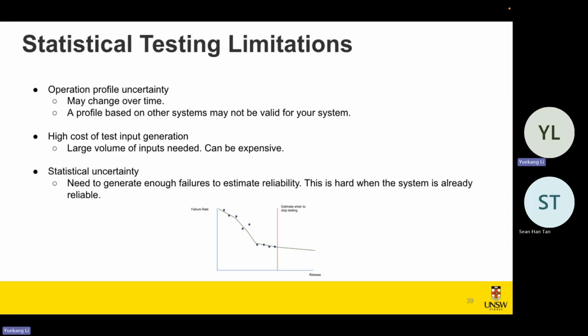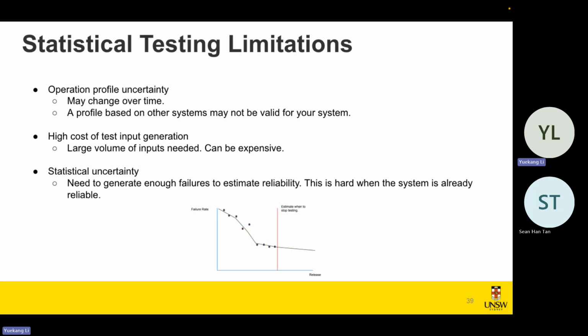And if we combine these 4 measurements with the actual user profile or the operational profile of the software, we can do statistical testing to simulate how the users would experience failures and bugs in real usage.